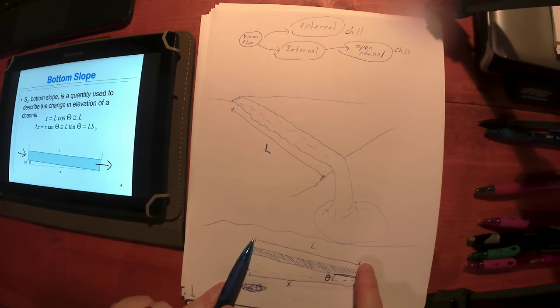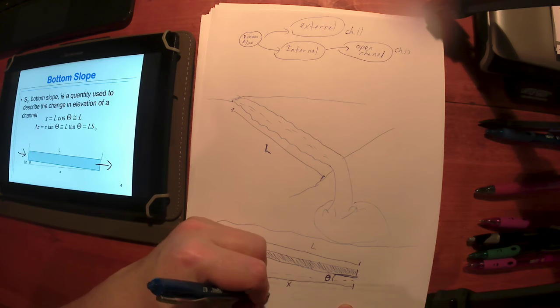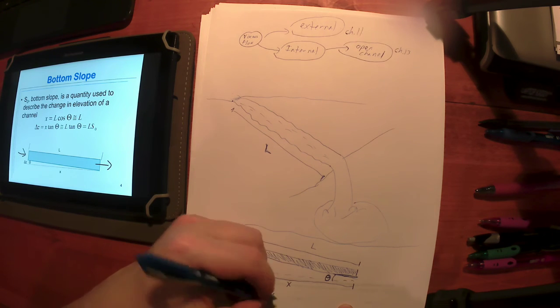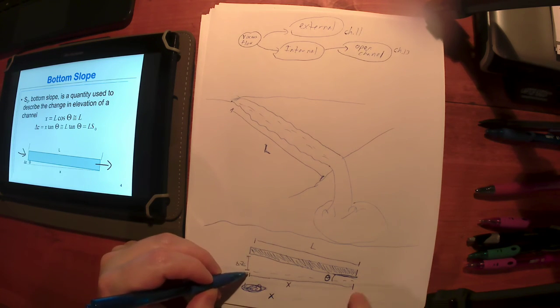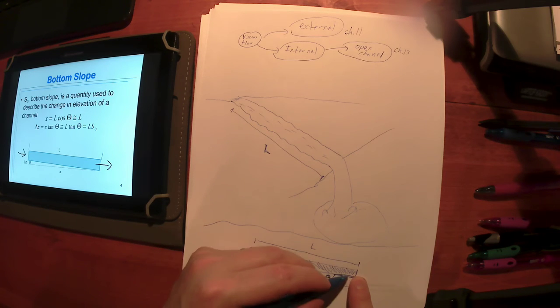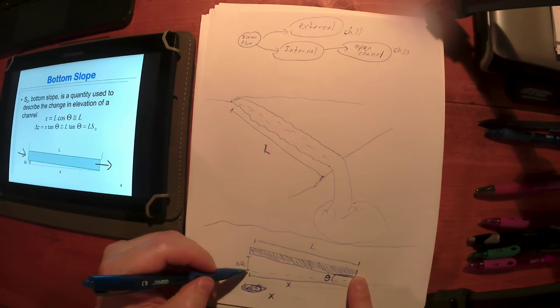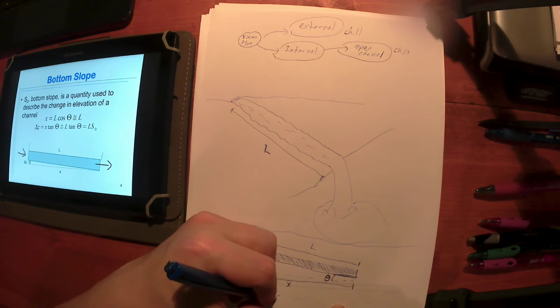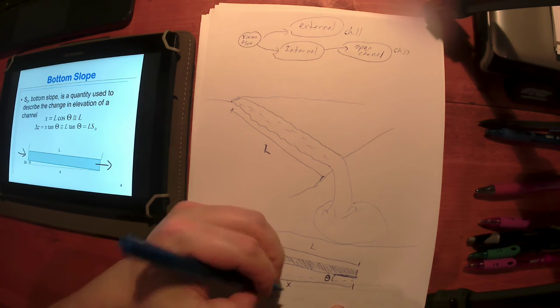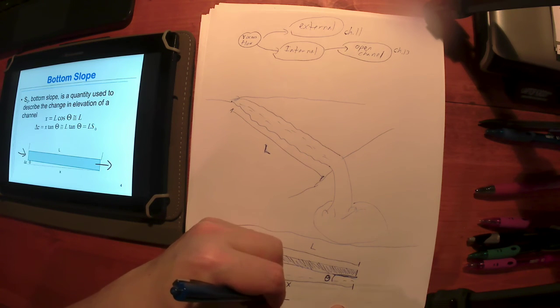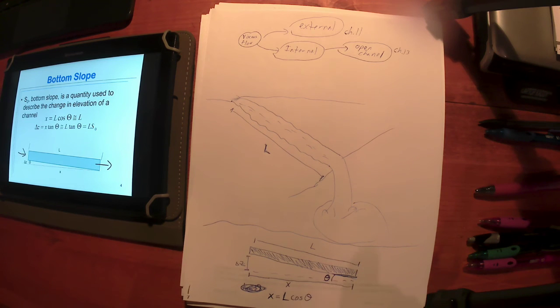Measuring L, that's pretty easy. But here's the thing, if delta Z and theta are pretty small, X and L are very close, right? This X quantity, the distance between the bottom here and then horizontally out to this point here, that's difficult to obtain if I'm right next to a stream bed. But this X is equal to L, the length of the stream, times the cosine of the angle that describes how quickly it drops.